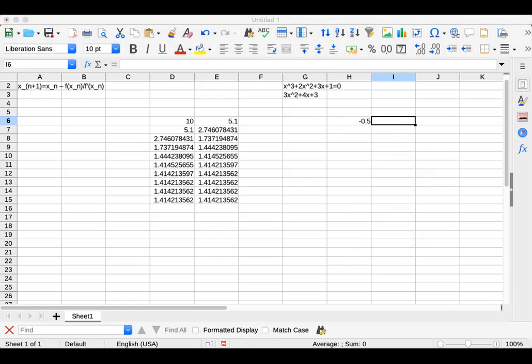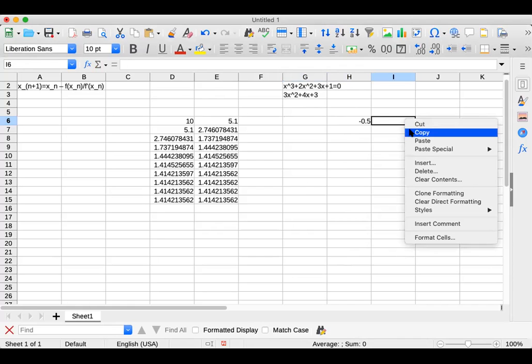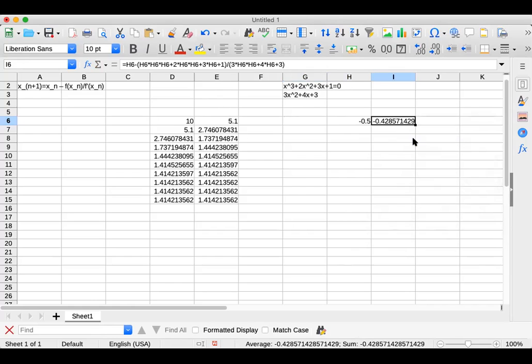So with a copy and paste of what I prepared earlier, that is the formula. So this is H6, that's this number, minus H6 cubed plus 2 H6 squared plus 3 H6 plus 1, all this in a parenthesis, divided by 3 H6 squared plus 4 H6 plus 3. Now simply, in this cell, we say we take this value one cell up.